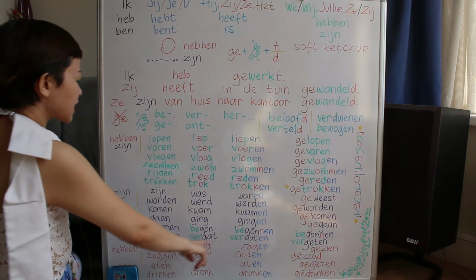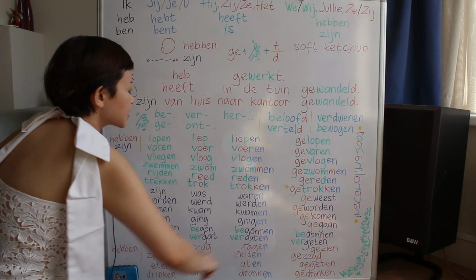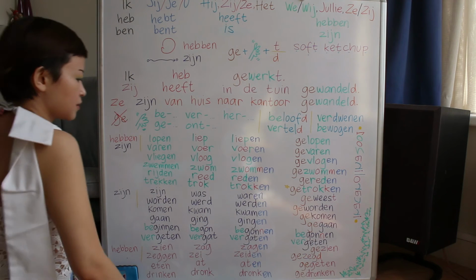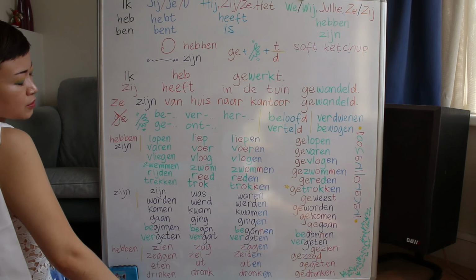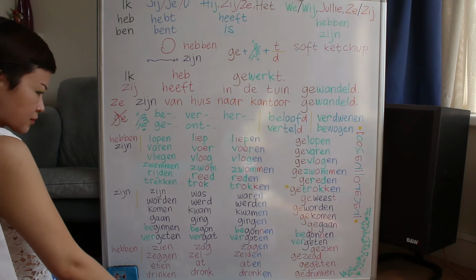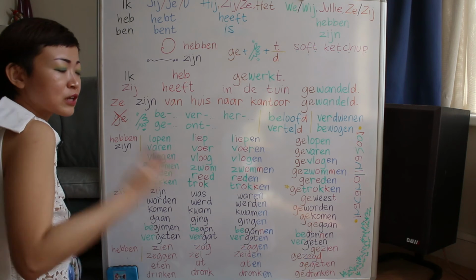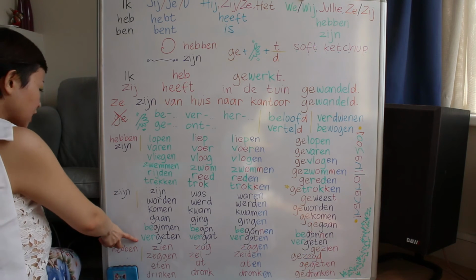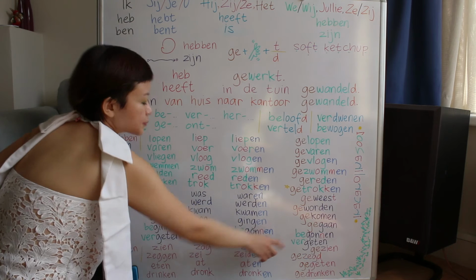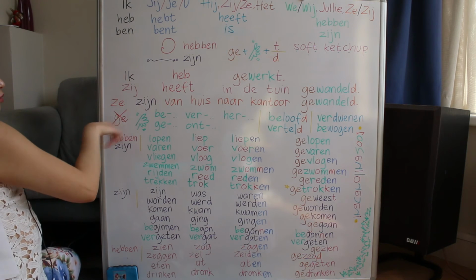Vergeten, vergat, vergaten, vergeten, forgotten. Because forget, forgot, forgotten. Ver. No ge.